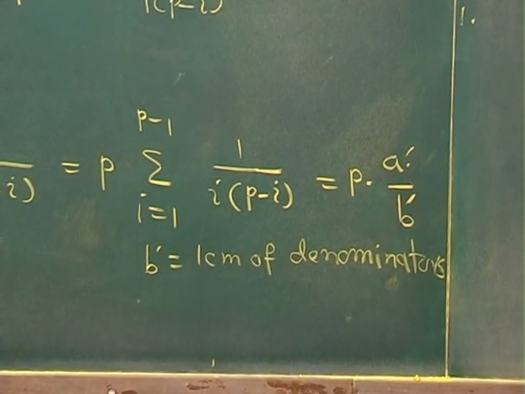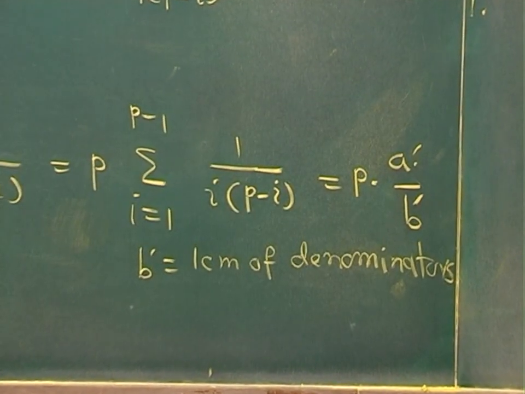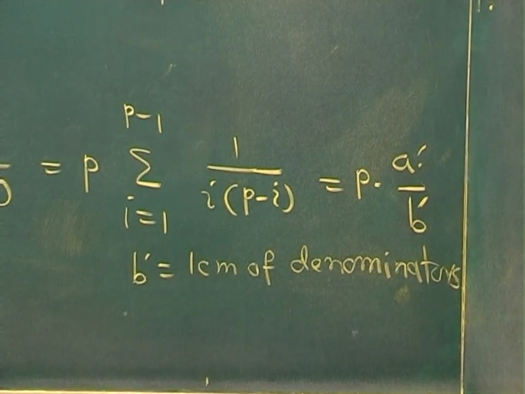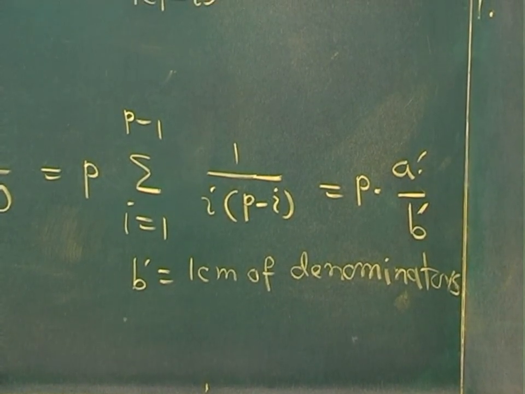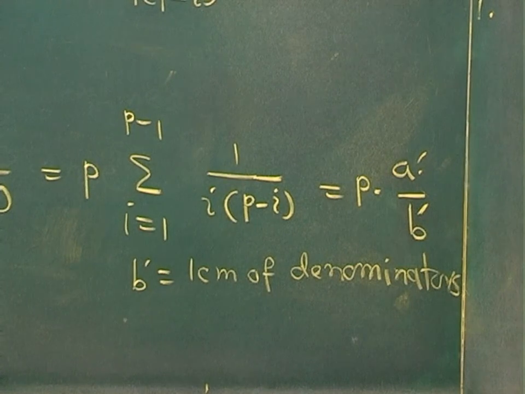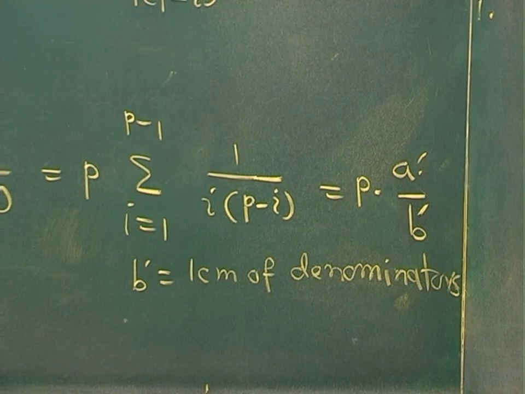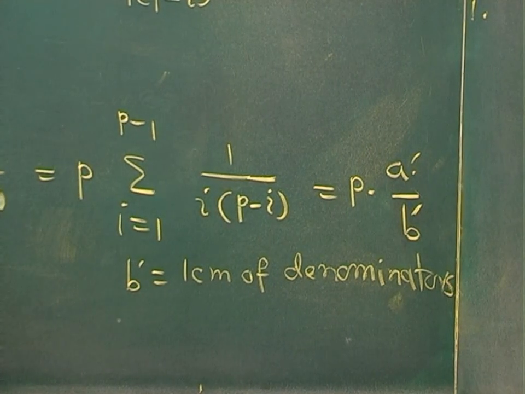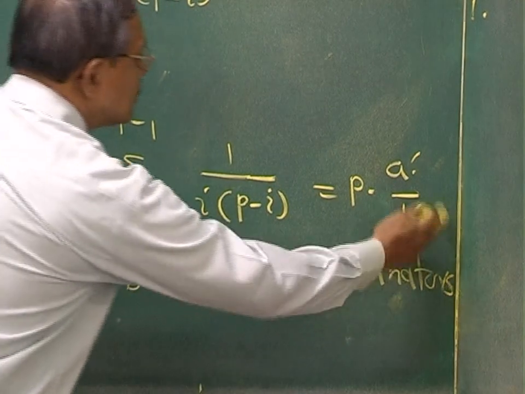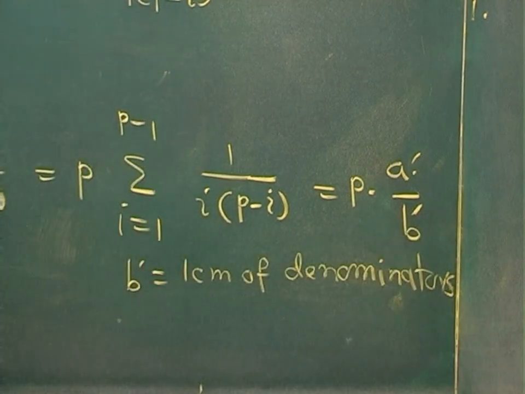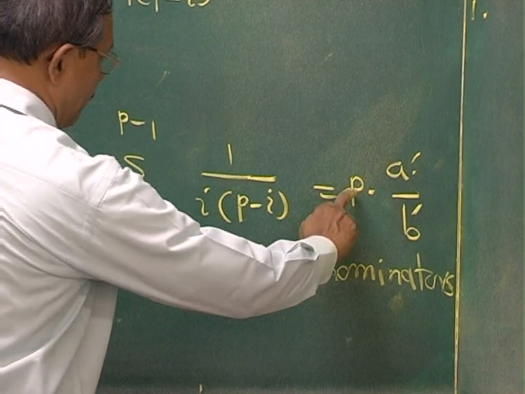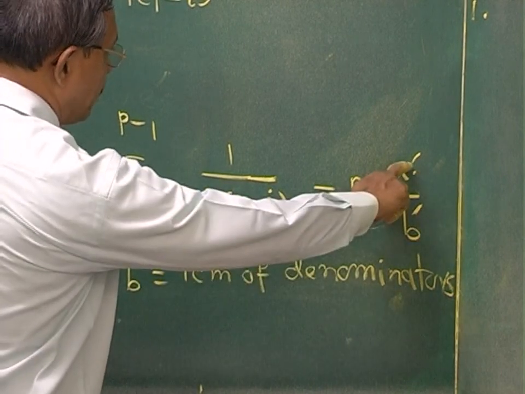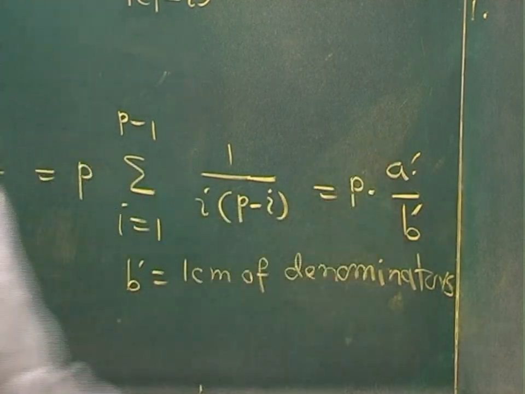But what are the denominators available? 1, 2, etc., p minus 1. These are the numbers which will come in the denominator and they are coprime to p. Therefore, the LCM of denominators is also coprime to p. So b dash is coprime to p and therefore this p into a dash is divisible by p.